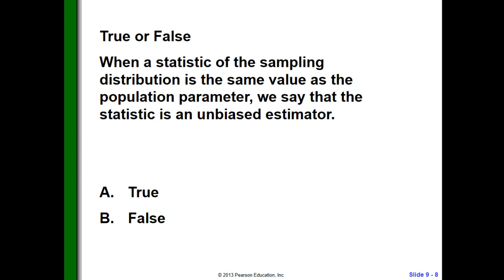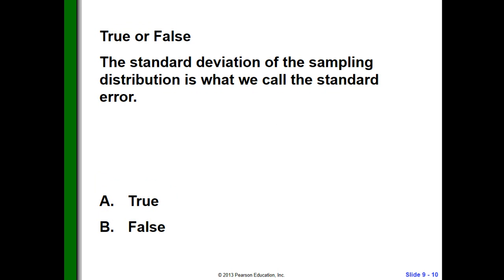What we're saying here is when a statistic, like an average, in our sample, when they cluster around the same value, we say that the statistic is an unbiased estimator, and that is true.